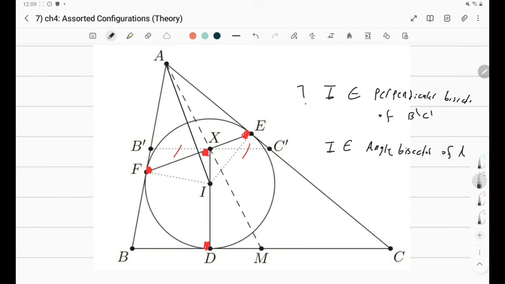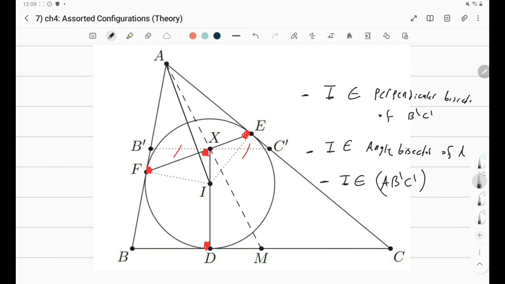of A. Now this should remind you of something we have mentioned many times before. We have a point that lies on the perpendicular bisector and the angle bisector. Then guess what? What's this point? It's the golden point, right? The midpoint of the arc. So that means we need to show that I lies on the circle, like A, B prime, C prime.